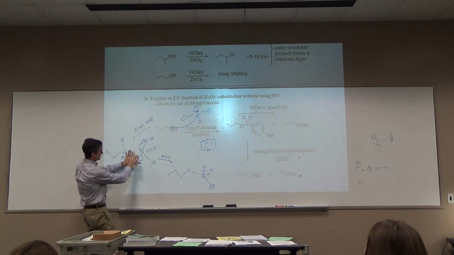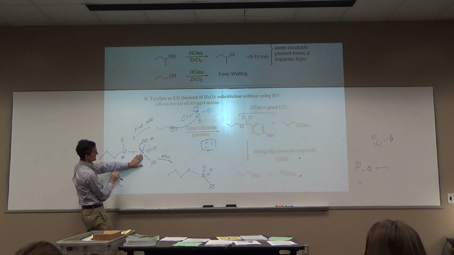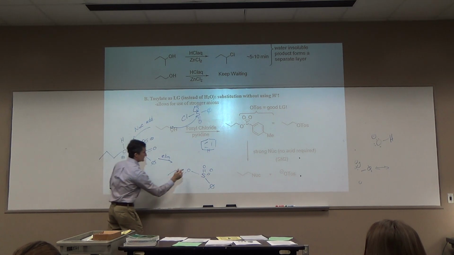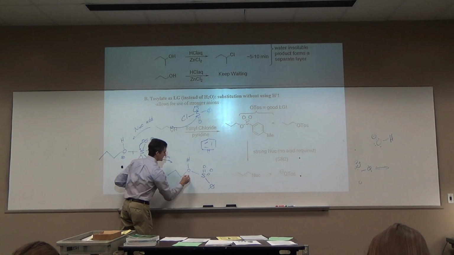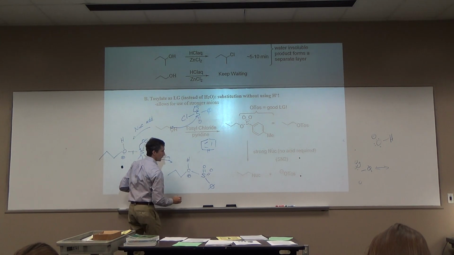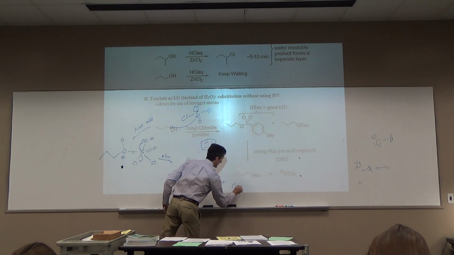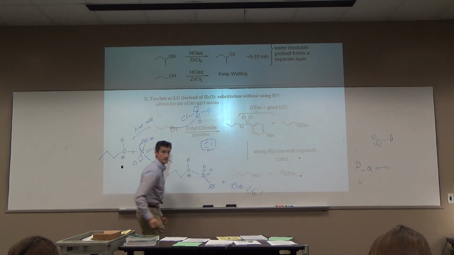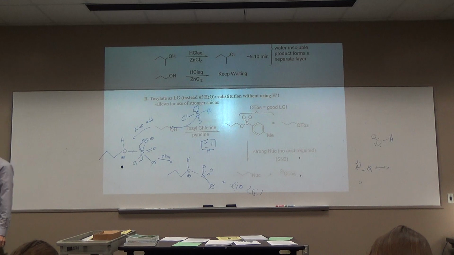And is there anything else on that sulfur? No, that's it, right? Still an H here. What did we kick off? We kicked off our LG. When you do substitutions, you replace something. The thing you replace is called the leaving group. Okay?